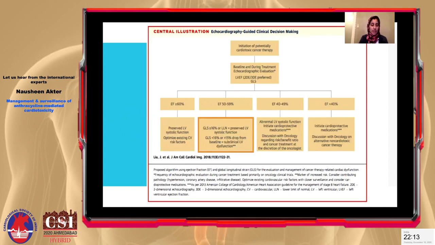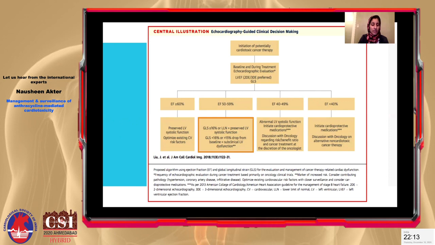This echo-guided clinical decision making is really central in cardio-oncology and is primarily based on ejection fraction. There's no recommendation to change chemotherapy guidance based on strain. This flow diagram nicely breaks down clinical considerations based on ejection fraction as well as strain, which can be used as a second objective marker of cardiac function.